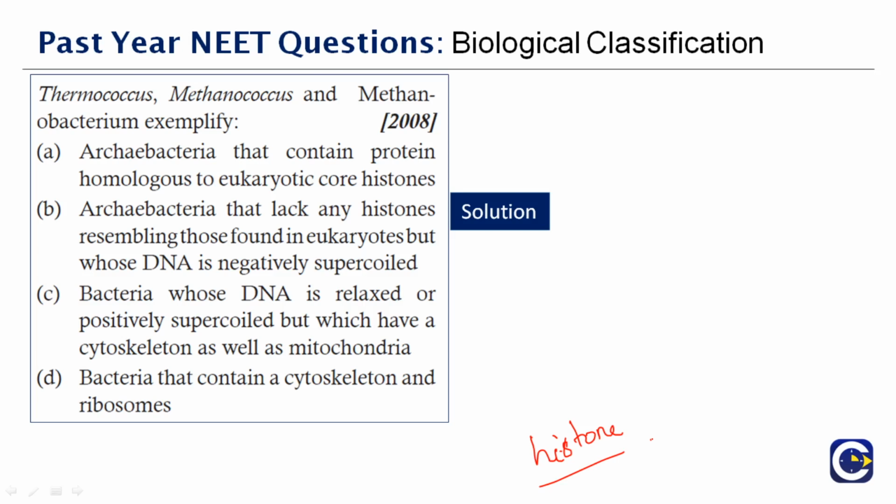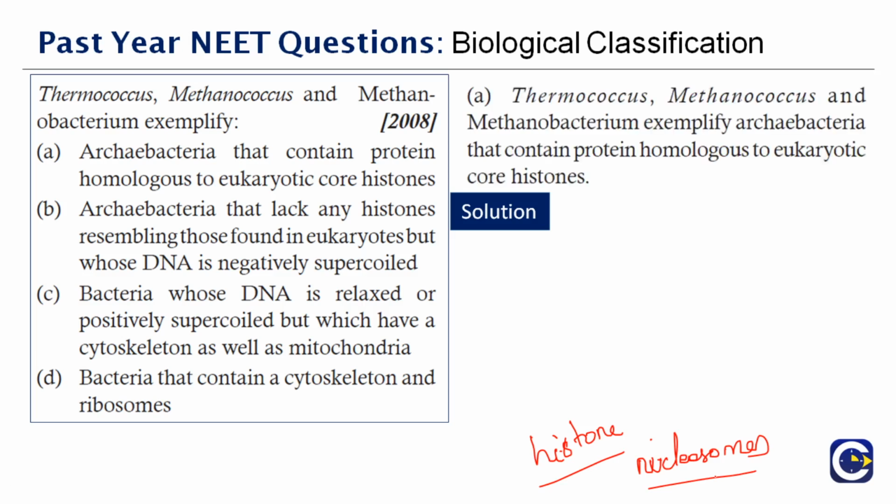See, histones are highly alkaline proteins that are found exclusively in eukaryotic cells, and they help in packaging and ordering the DNA into structural units called nucleosomes. So what is their function? In eukaryotes, their function is to structure and arrange, and they form nucleosomes. Likewise, these proteins are also found in archaebacteria.